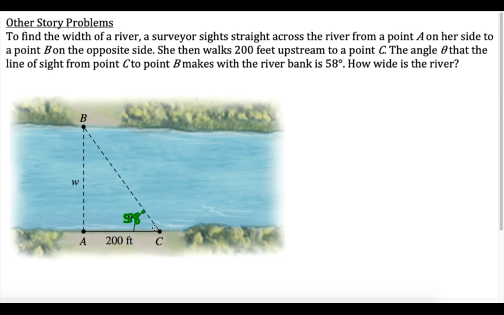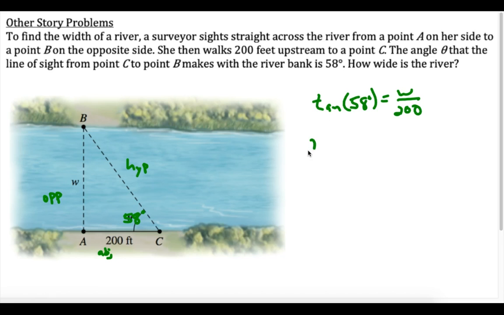So, with respect to this angle, this is opposite, adjacent, and hypotenuse. So I'm dealing with opposite and adjacent yet again. So my setup would be tangent of 58 degrees equals the width of the river over 200.